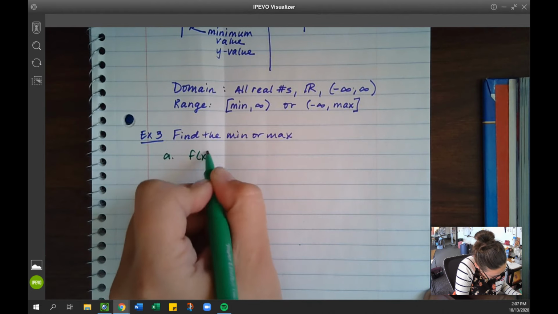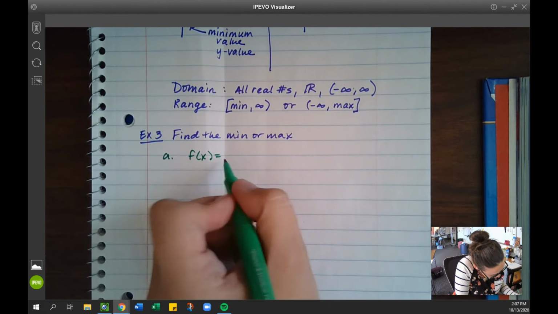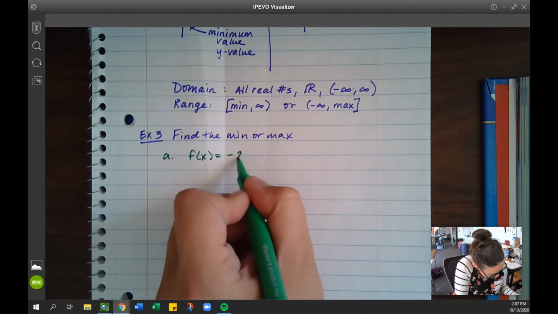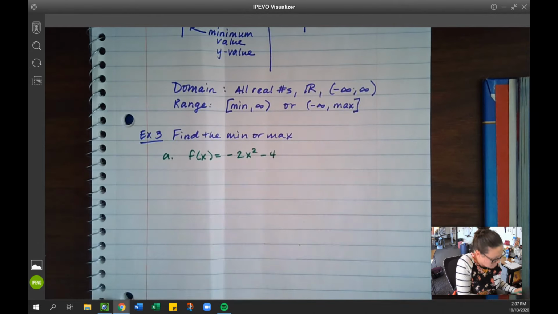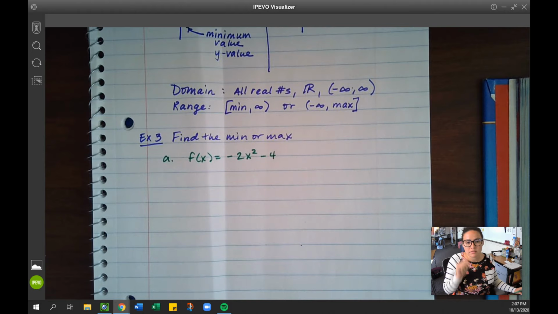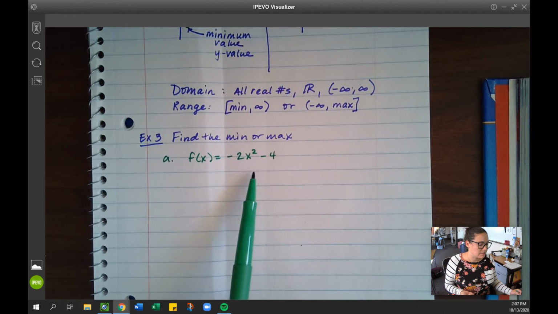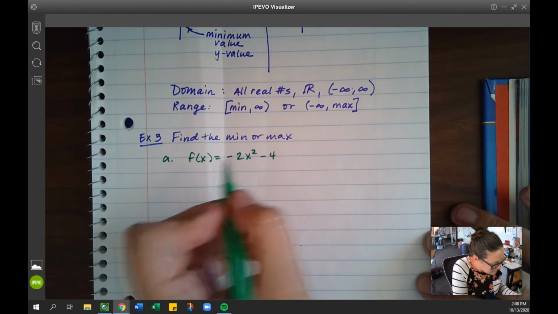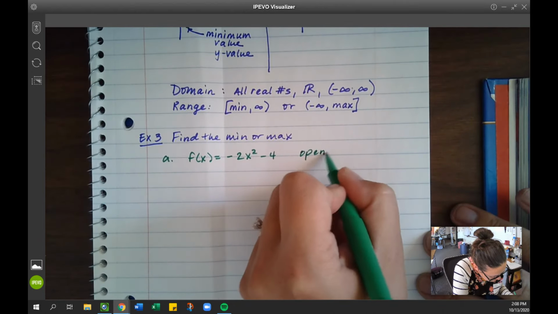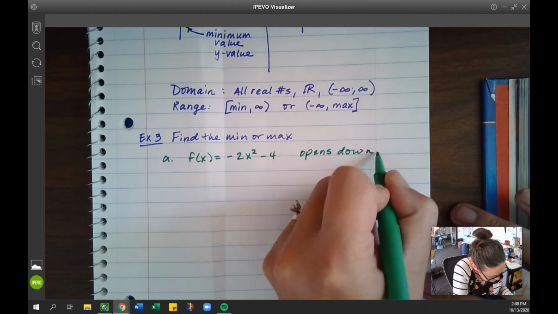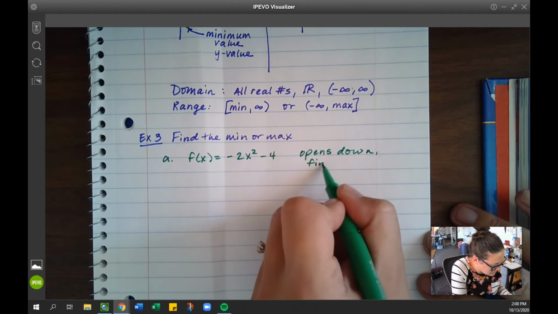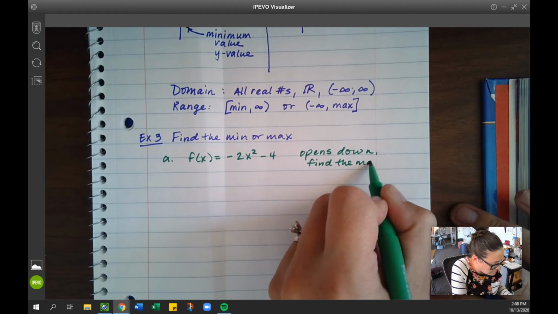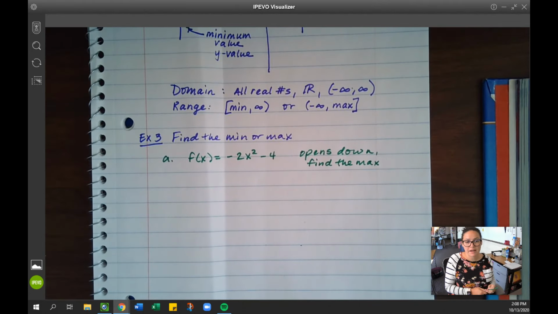F of x equals negative 2x squared minus 4. All right, so first of all, let's figure out if this is going to open up or down. Since it has a negative a value, this is going to open down. So we are going to find the maximum point.